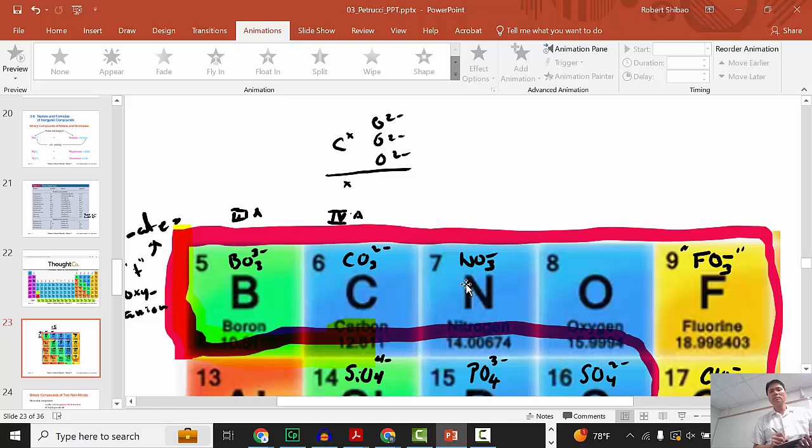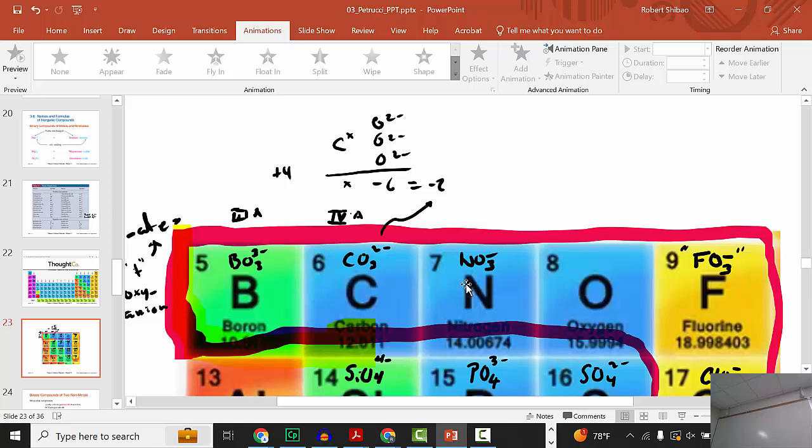So x minus 6 must equal the net charge of -2. That's the net charge here. So what is x? X minus 6 has to equal -2. X must be +4. And so this carbon is +4.